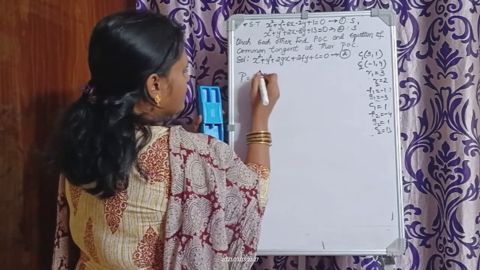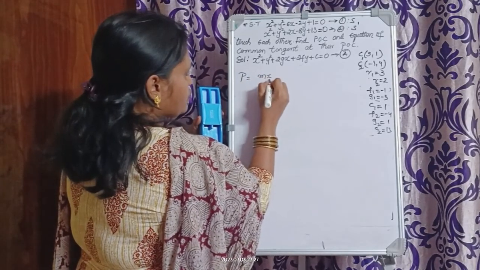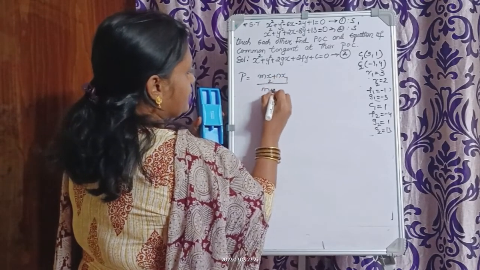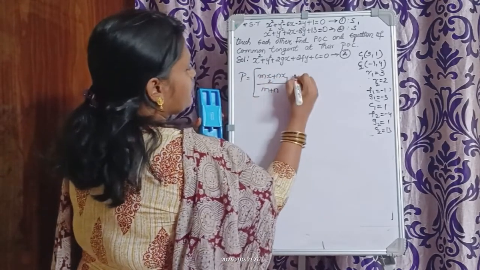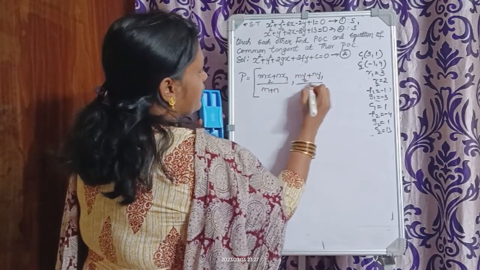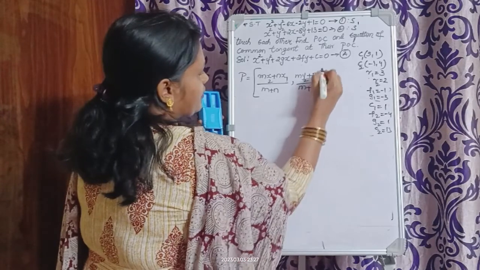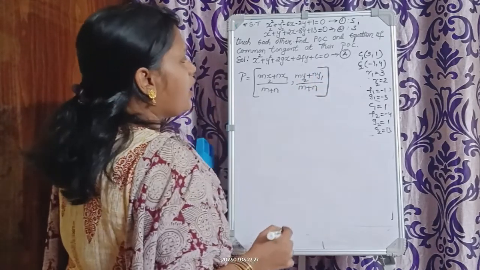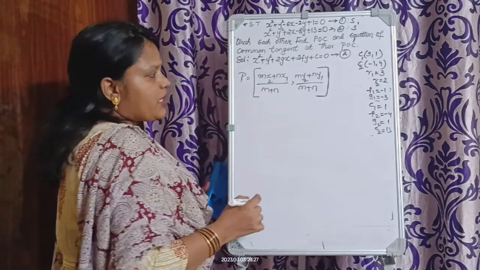P is given by the formula mx2 plus nx1 divided by m plus n, comma my2 plus ny1 divided by m plus n. So circles touch each other with the ratio R1 is to R2, right?